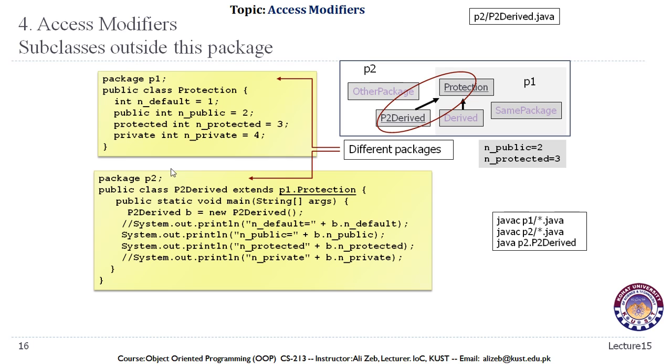And this was the difference between the protected variables and the default variables, that the protected variables are accessible by this class that is outside of the package p1, but is a subclass of the class that is in the package p1. We can access the public variable, of course, but we cannot access the private variable.